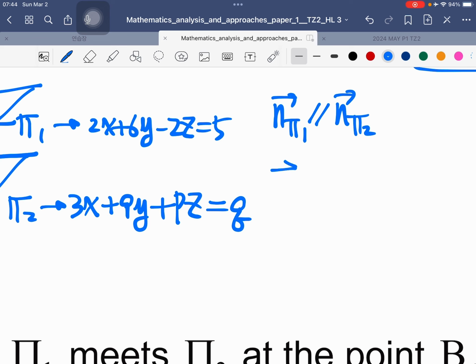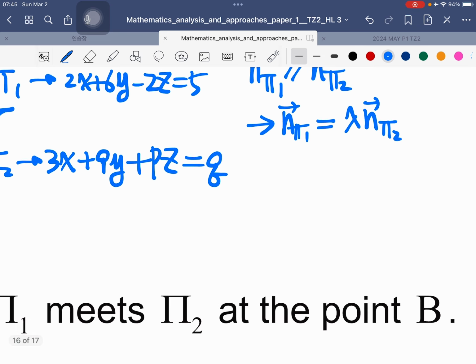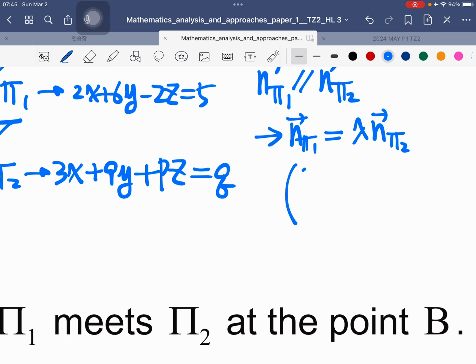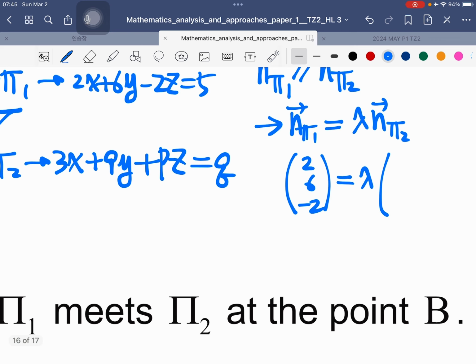This also means that the normal vector of pi 1 can be expressed as lambda times the normal vector of pi 2. So (2, 6, -2) can be expressed as lambda times (3, 9, p).